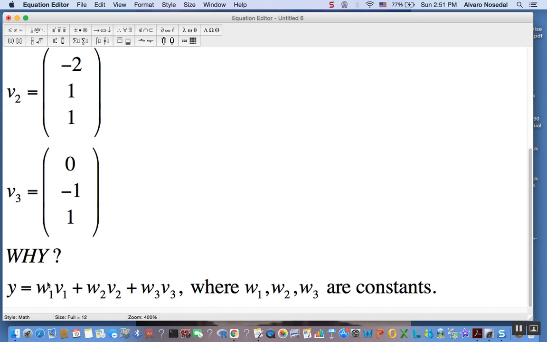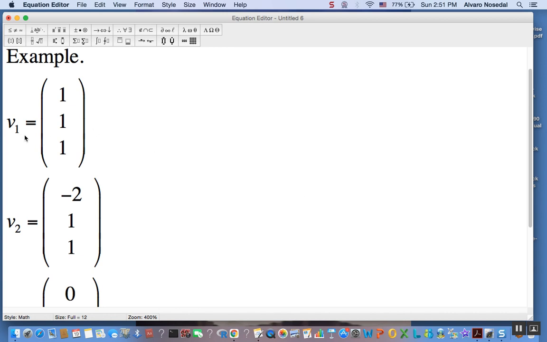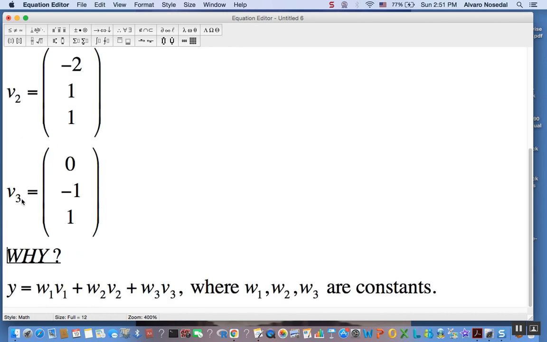It turns out we're going to see in just a few minutes that it's a good idea to be dealing with orthonormal bases, because then finding these weights is going to be easy. But first let me show that v1, v2, and v3 are orthogonal.